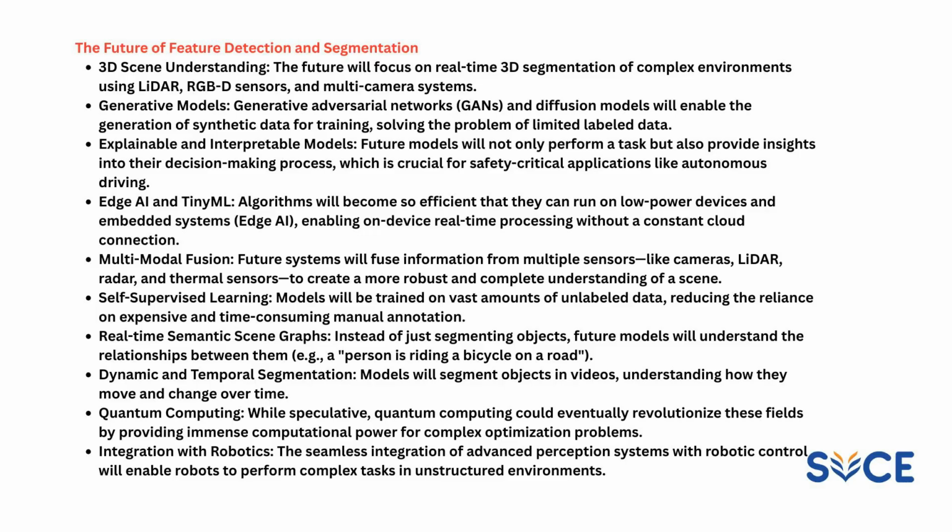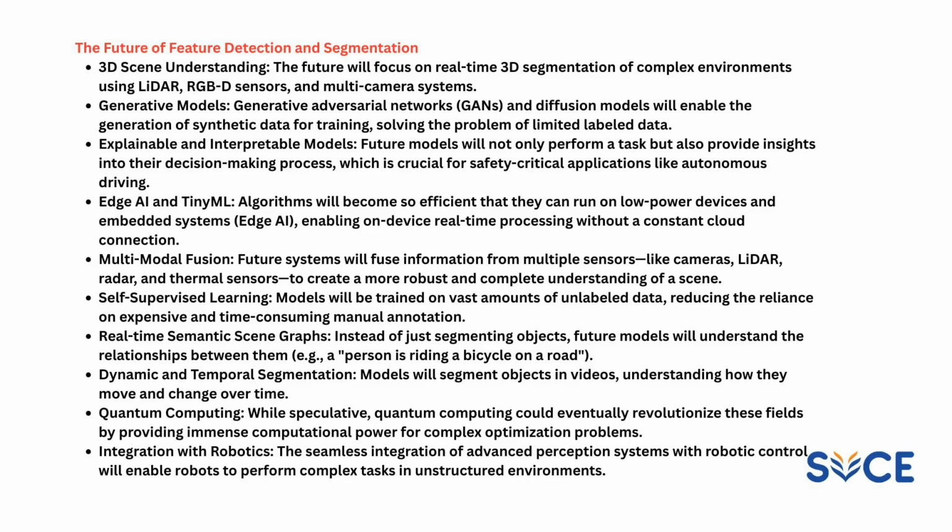Next is dynamic and temporal segmentation. The world is not just static, it's constantly moving, while traditional methods often treat each image in isolation. So the future of vision is dynamic and temporal segmentation.